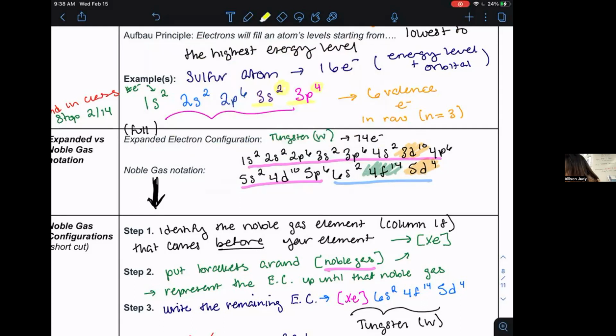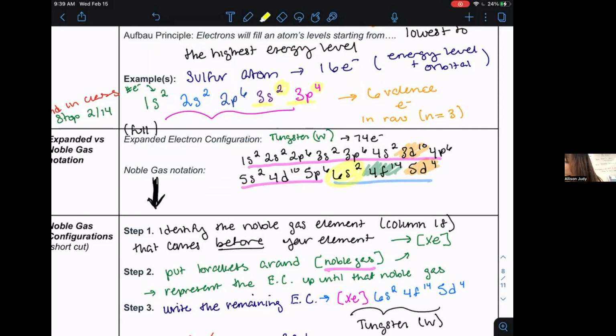It's row 6 that holds the valence electrons. Your first thought is, oh, the last electrons I account for are 5d4, so I have 4 valence electrons. No, because valence electrons are about the highest energy level. Electron configuration order is about relative orbital energy, sublevel, but valence is all about the highest principal quantum number, energy level.